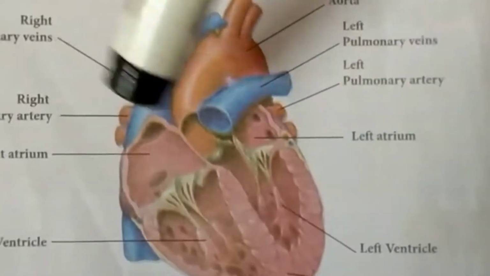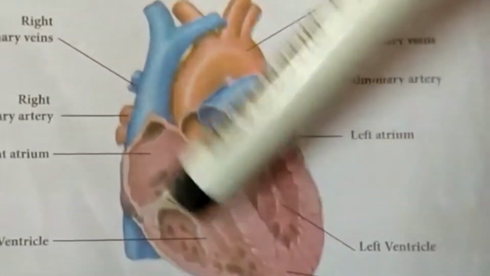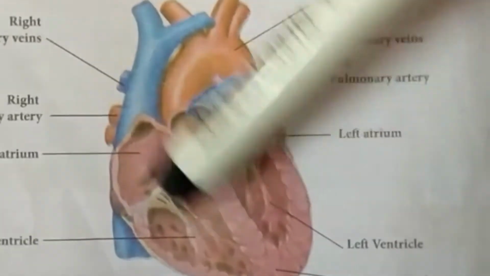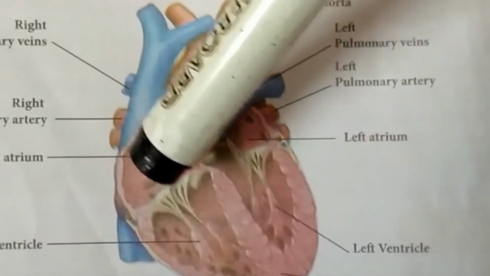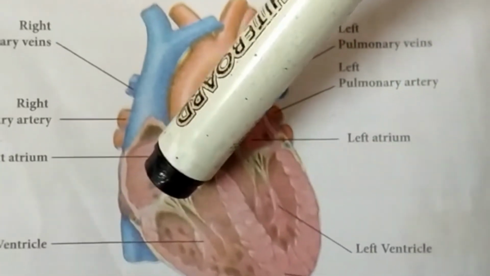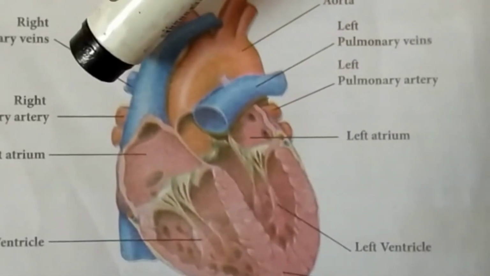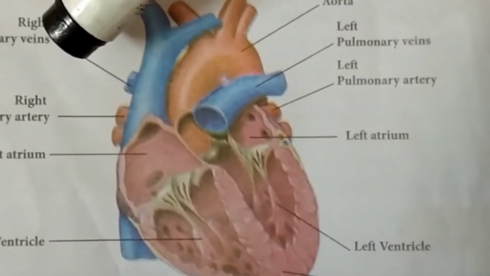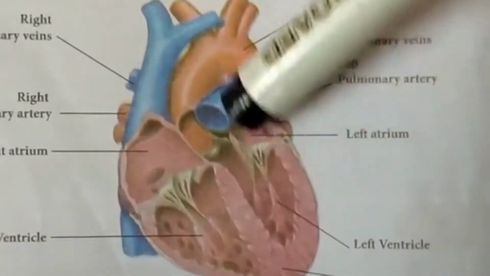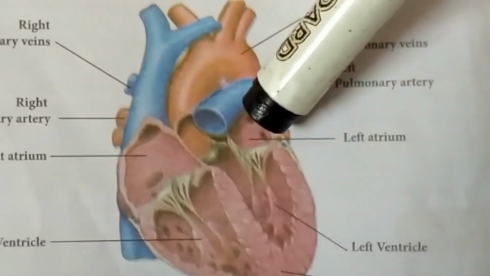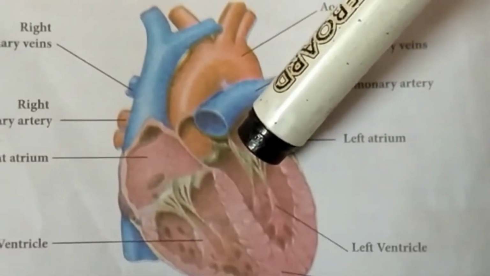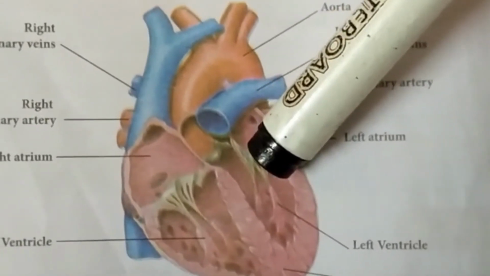The right side of the heart carries deoxygenated blood from all parts of the body, then it is pumped into the lungs for oxygenation. The left side collects oxygenated blood from the lungs and it is distributed to all parts of the body.